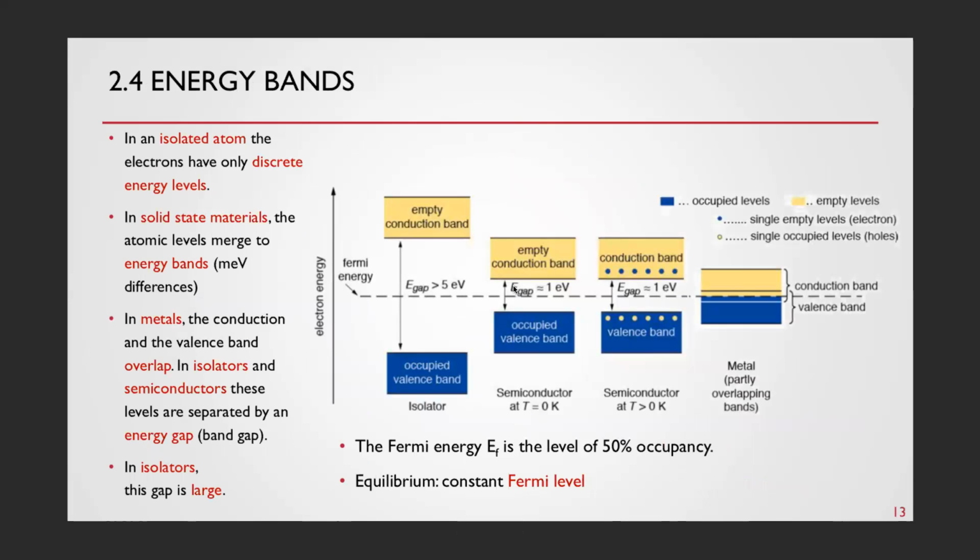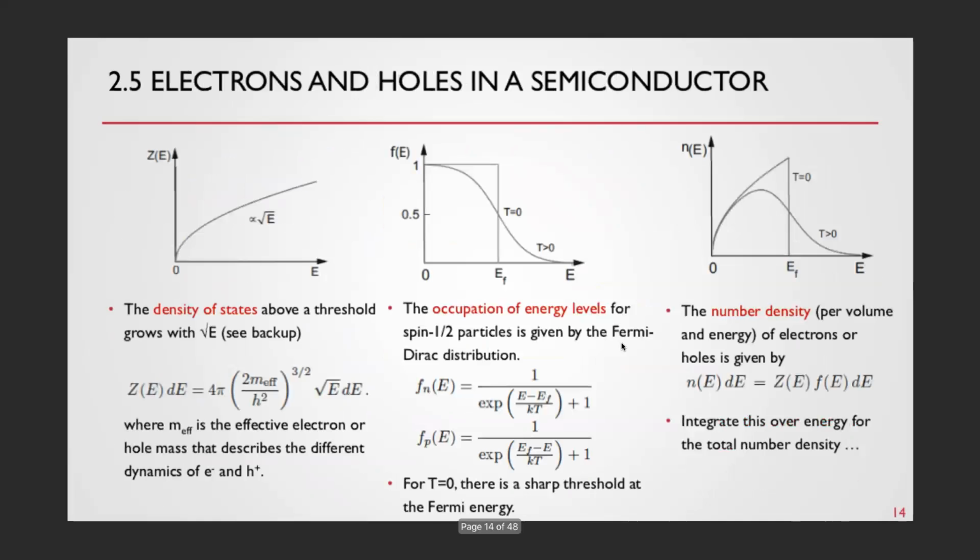It's almost 3. We do not discuss energy bands. It's an ideal moment to stop, because next time we start with the basics. With semiconductors, we compare isolators, semiconductors at 0 and at finite temperatures, and metals. We will do a very simple account of the number density of electrons as a function of the energy.